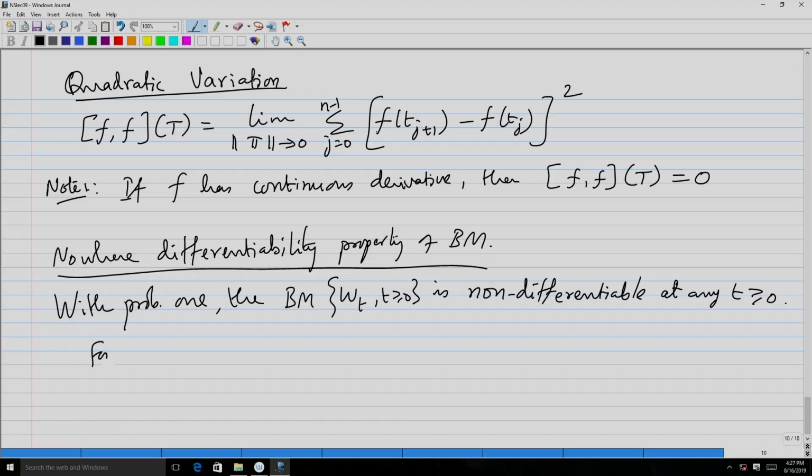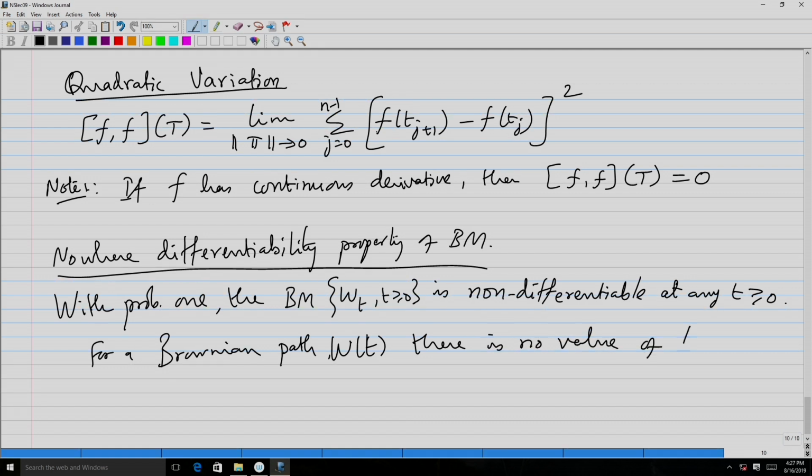That is what it means, which means that for a Brownian path, say W of t, there is no value of t, we are saying all in the almost surely sense, for which this is defined. Okay. So, this is done.